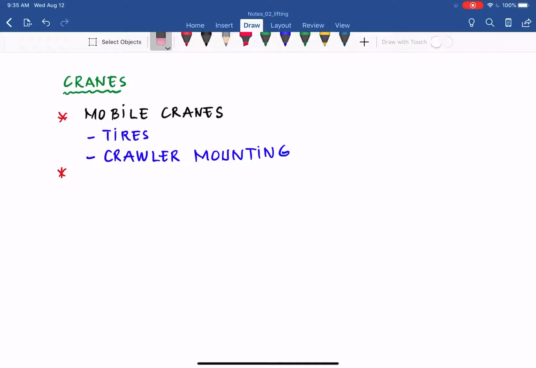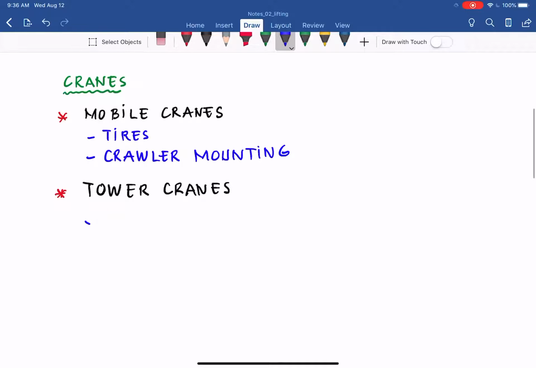And the other major type of cranes, we call tower cranes. So it is fixed during the construction process, the construction operation, and that we call tower cranes. And in tower cranes, we also have three subtypes.